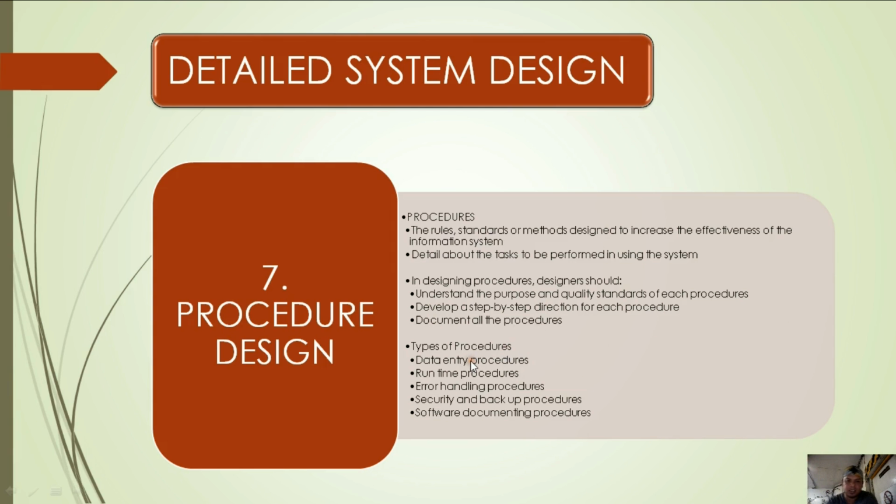And these are some types of procedures: the data entry procedure, the runtime procedure, which is how long it will take the PC to process your input or output, the error handling procedure, the security and backup procedure, and the software documenting procedure.